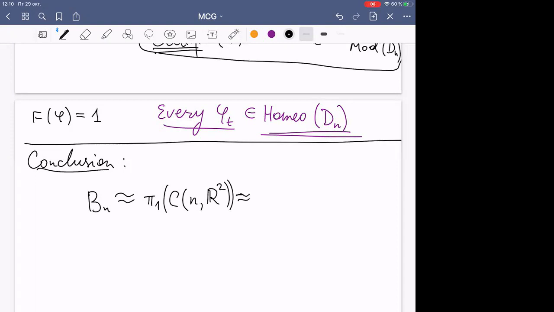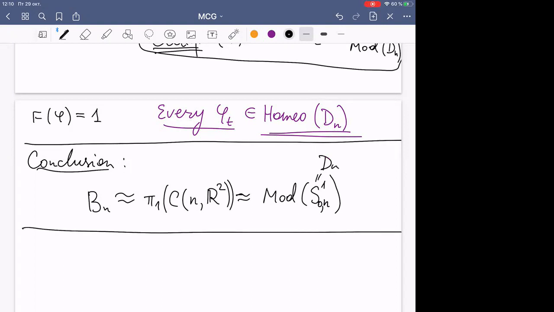And this is the same as the mapping class group of the sphere with one boundary component and n punctures.